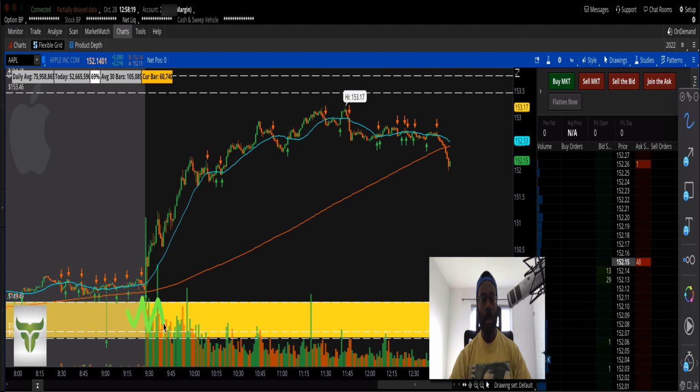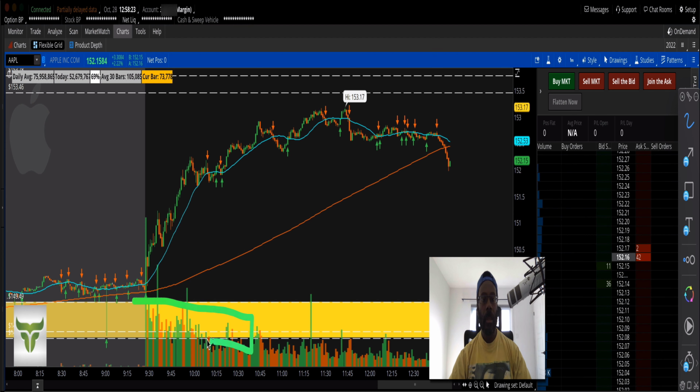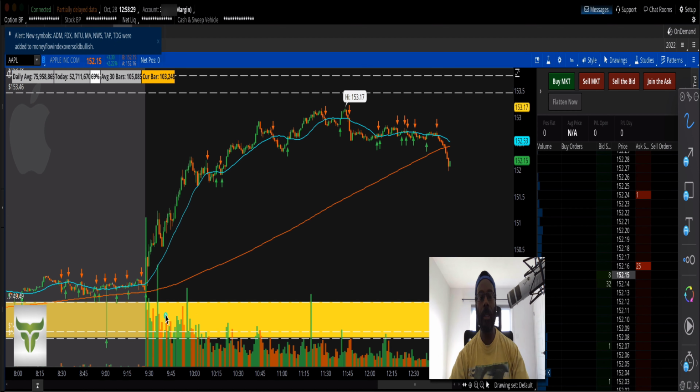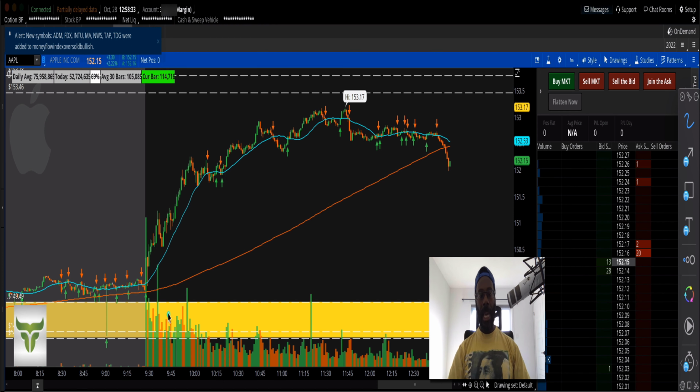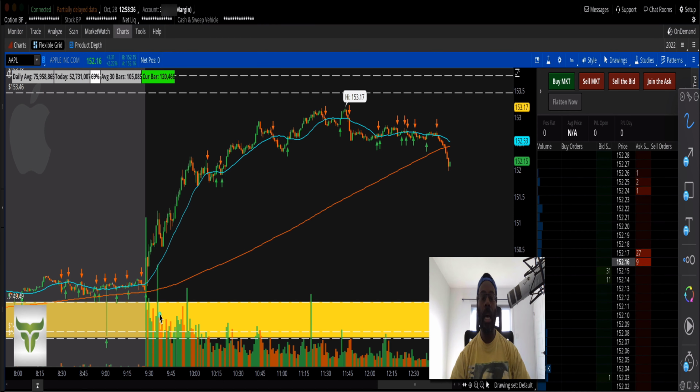If it opens up inside of the box, we don't take the trade, because the trade is going to be a range-bound trade, so you're going up and down in a defined box. And that's okay if you want to start doing debit spreads and credit spreads, that's fine. If it opens up below the box, then we're going short.